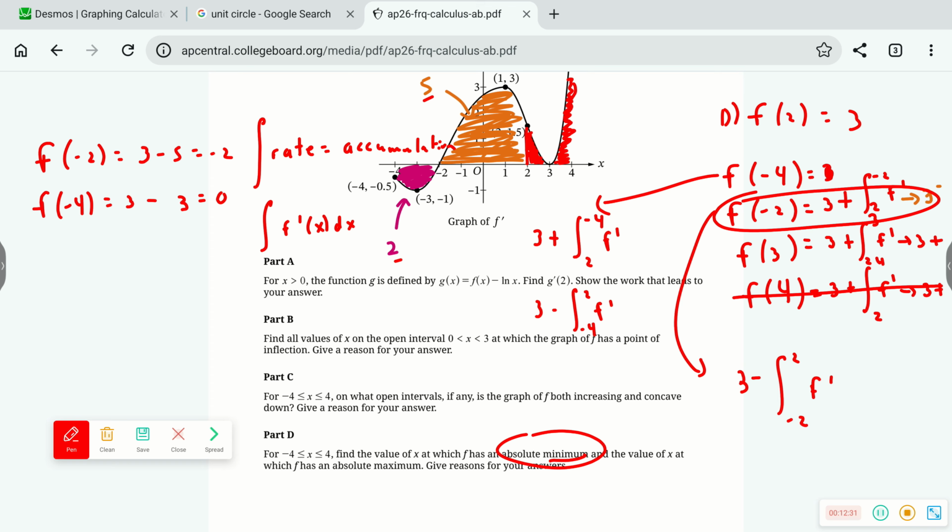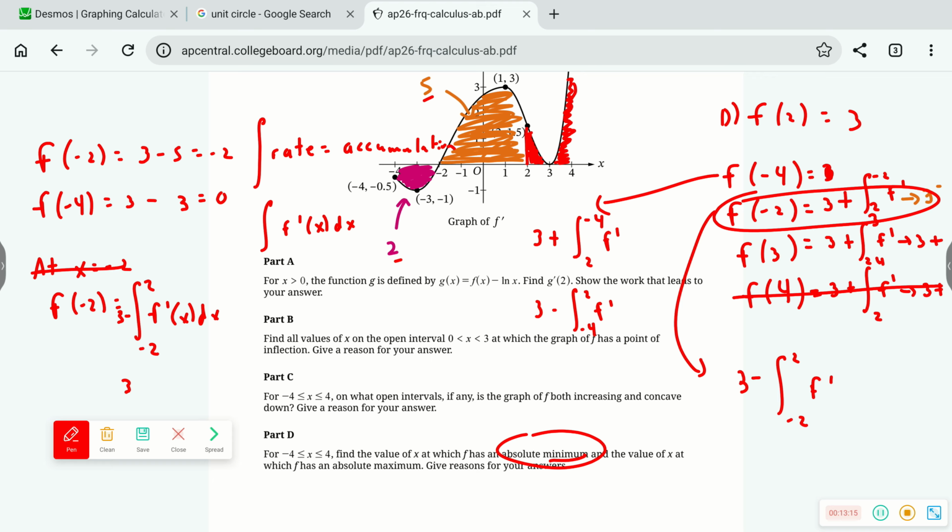And as a reason for your answer, you could write out, just to show the work, that f of negative 2 is equal to 3 minus the integral from negative 2 to 2 of f prime of x dx, officially.